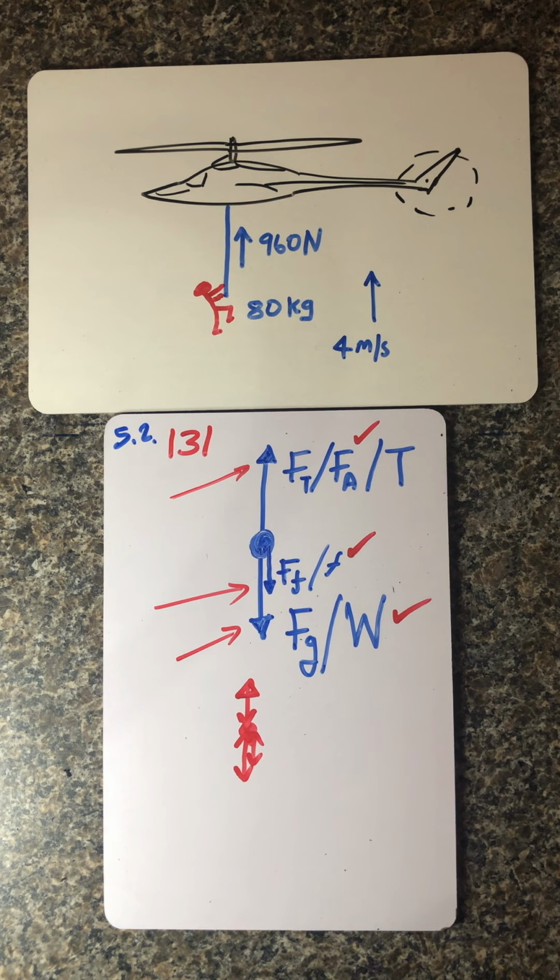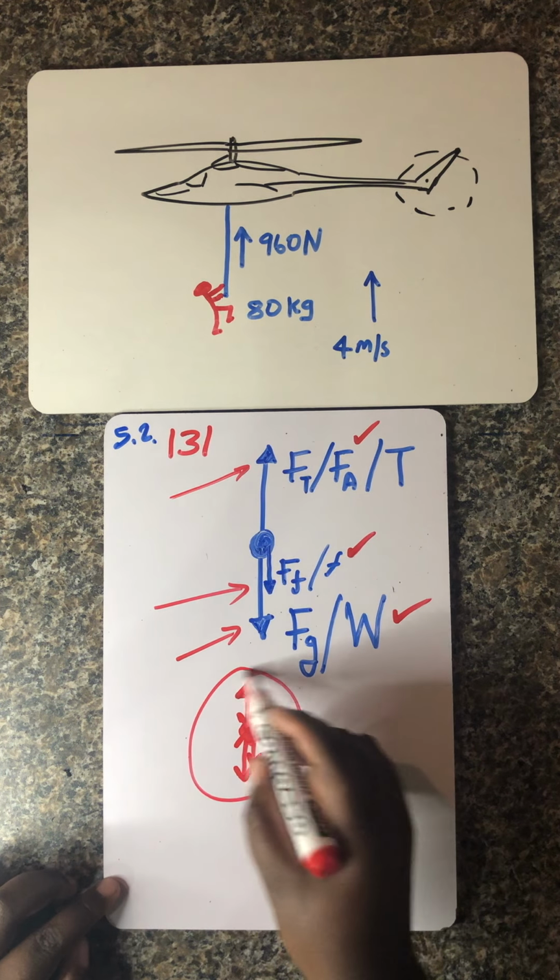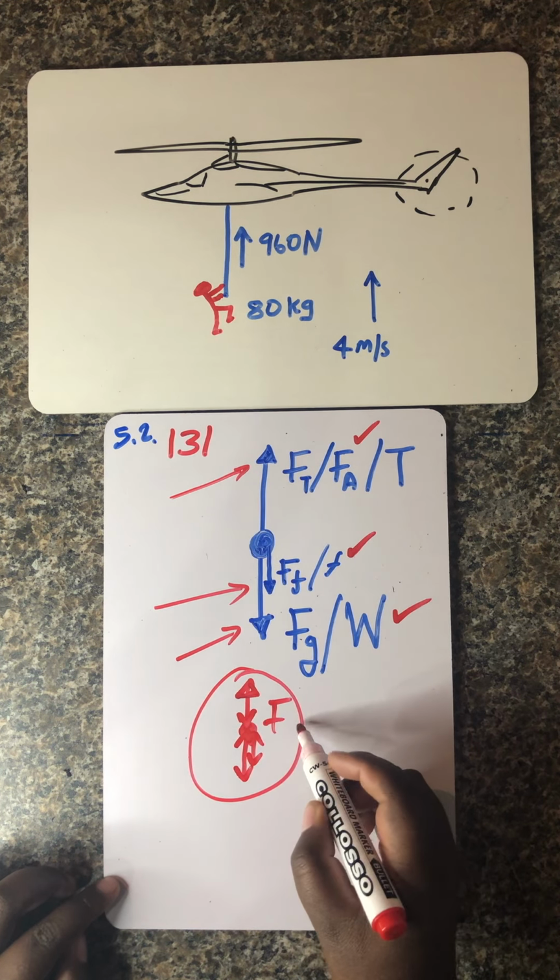Very, very important, ladies and gentlemen. And again, guys, it has to be labeled. Your forces, your arrows or your lines have to be labeled. That's why they say a labeled free body diagram. Do not just leave it like this, but make sure that you label it.